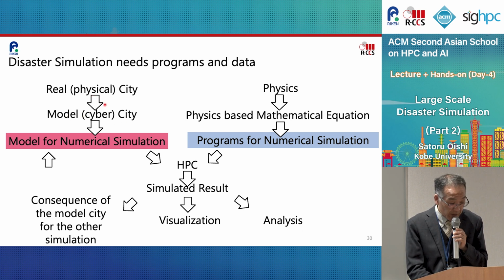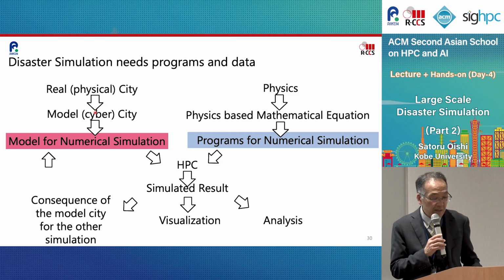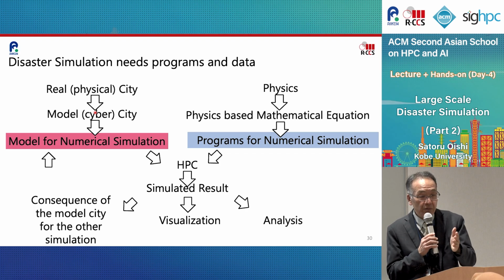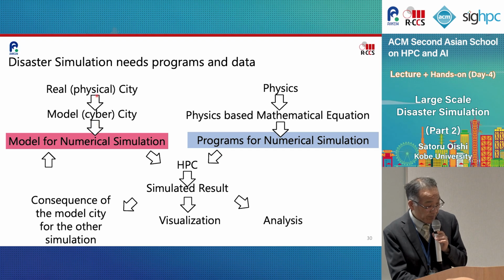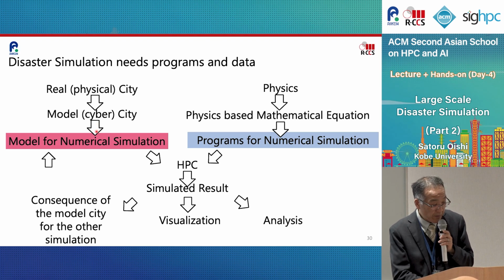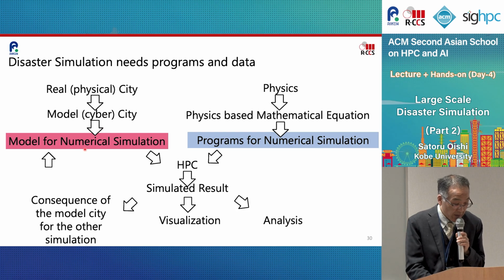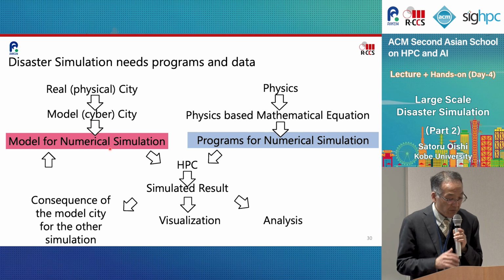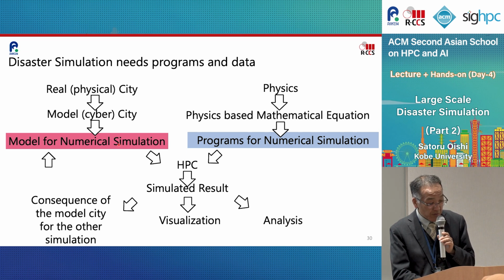We just place this arrow, but the arrow requires a lot of work, as you did with the help of generative AI. Then you can use the model as input data for numerical simulation.